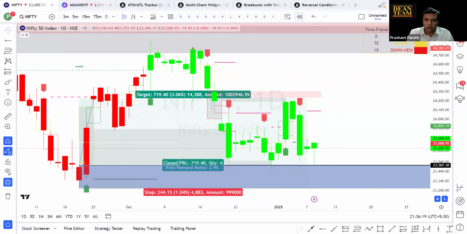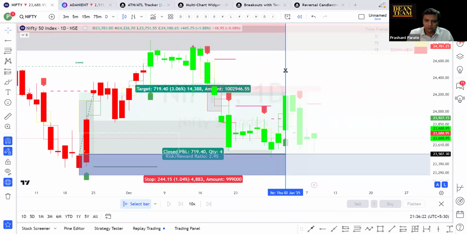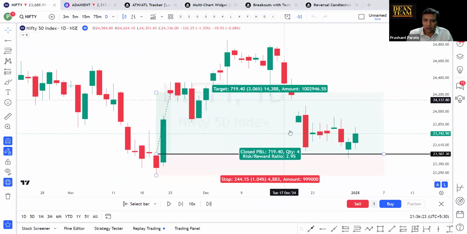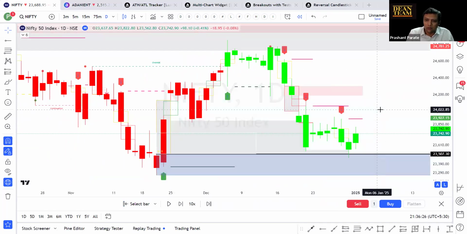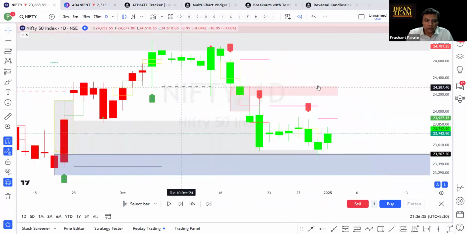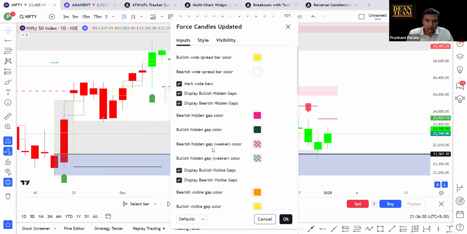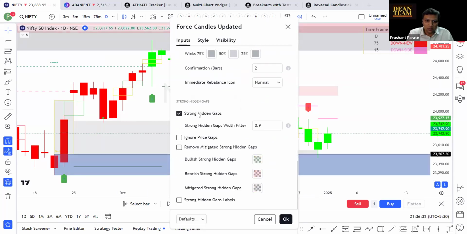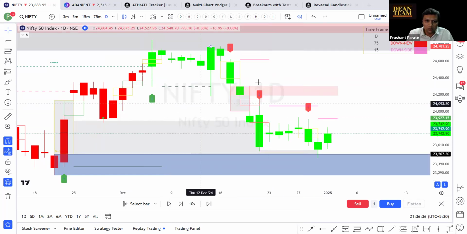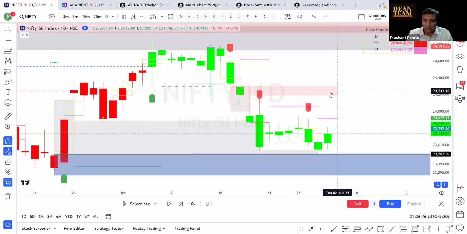I will show you with bar replay. If you can notice, there is this small red strip and it is a strong hidden gap. There were selling candles visible here. There was this strong selling area, and price came down and then went up to this selling area.